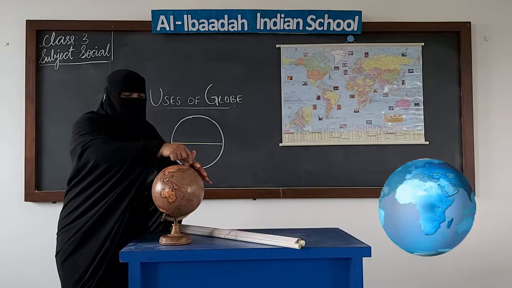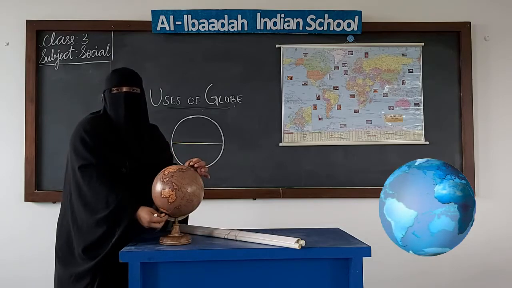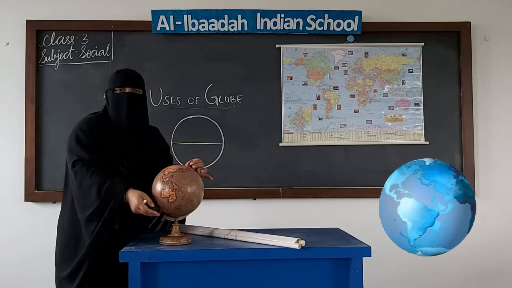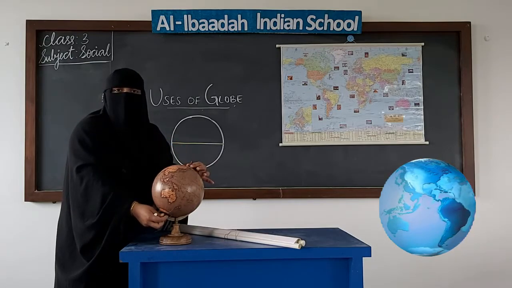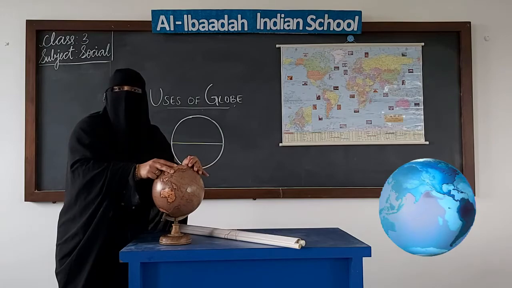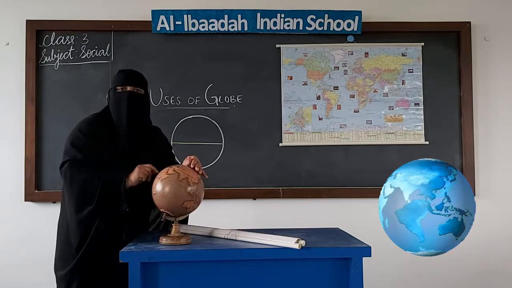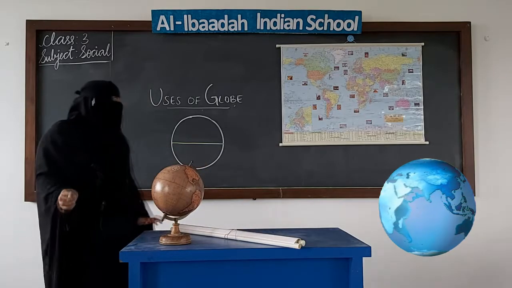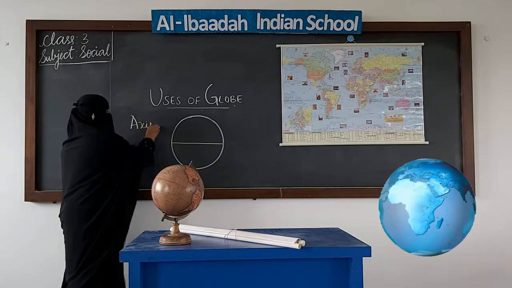You can see this globe is attached with these two poles, isn't it? And it is slightly tilted. The line which passes through these two poles is called as axis, the line in which the earth rotates.